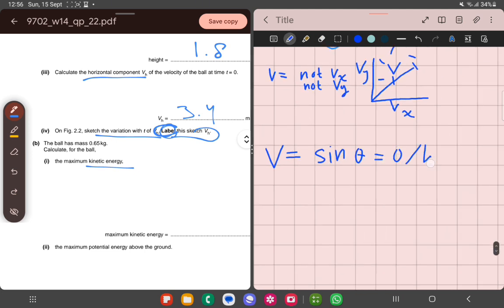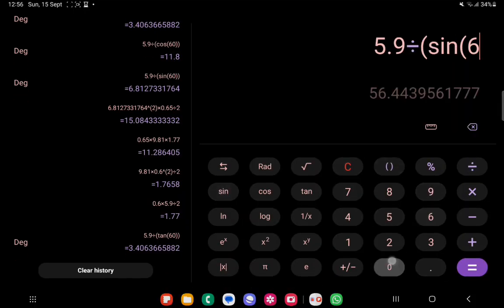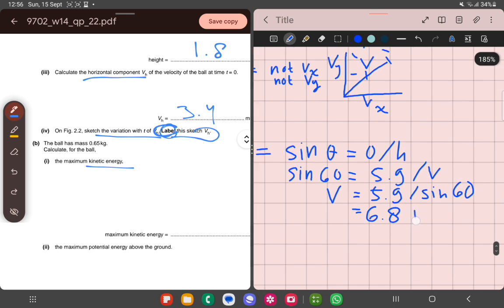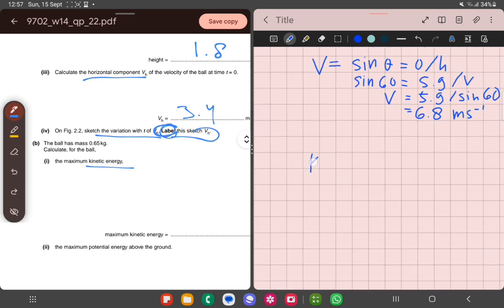Now we just have to substitute the variables: sin 60 equals 5.9 divided by V, and V equals 6.8 meters per second. And don't forget, it must be in significant figures.